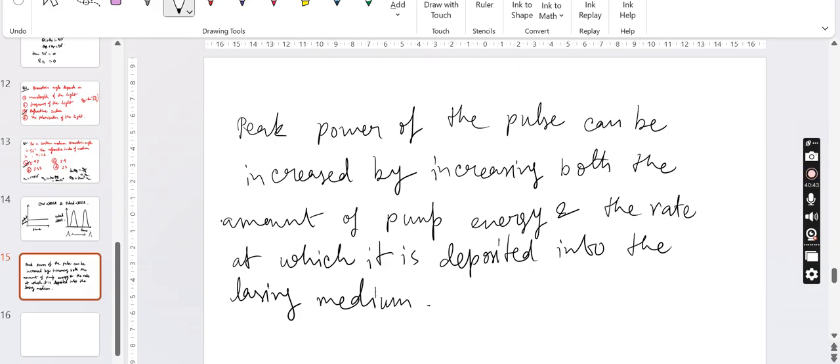So if more energy is pumped in a shorter time, population inversion will build up more rapidly, pushing the peak power further up. Scaling up the power of the laser pulse cannot occur indefinitely. There should be a limit.